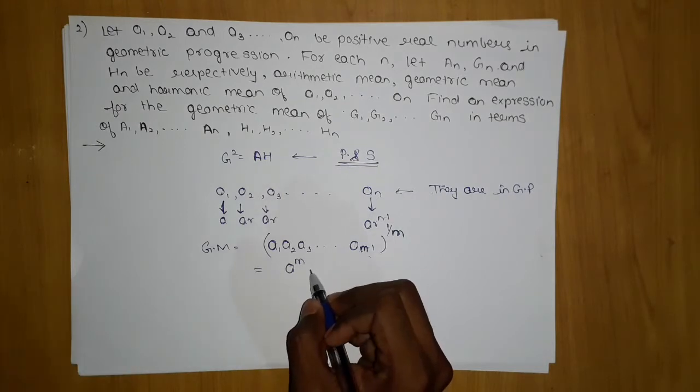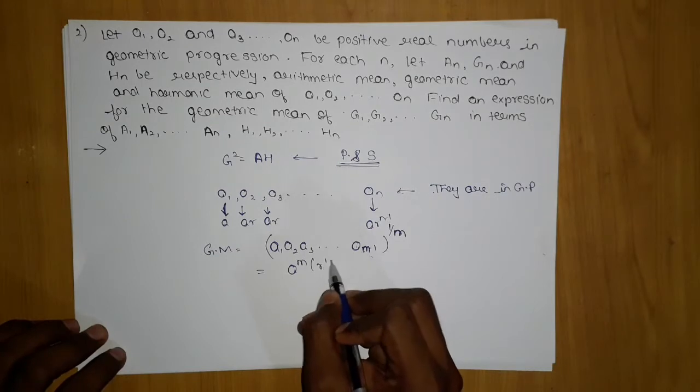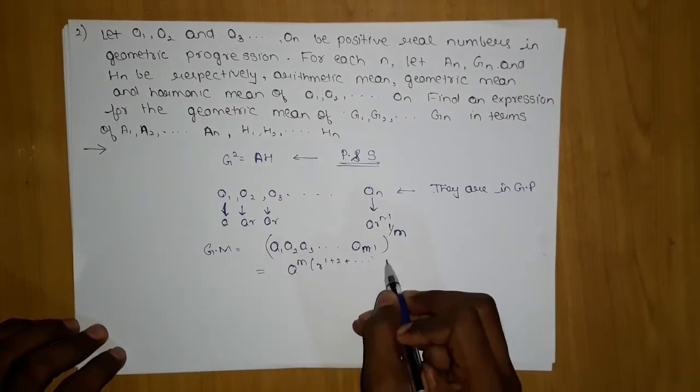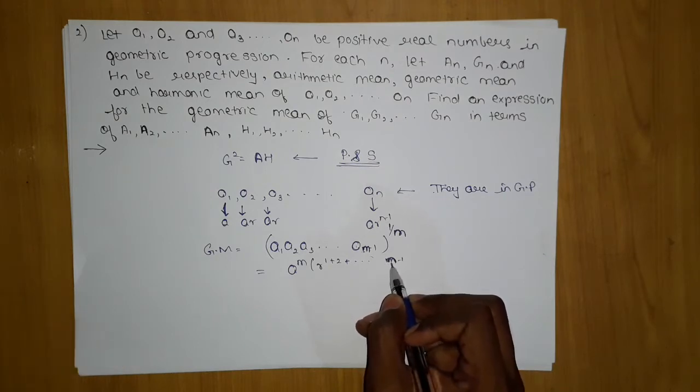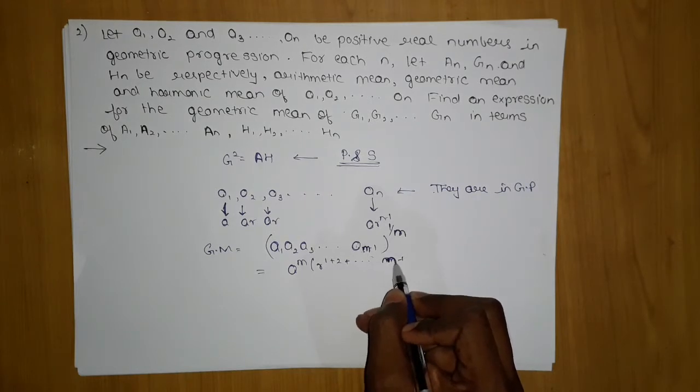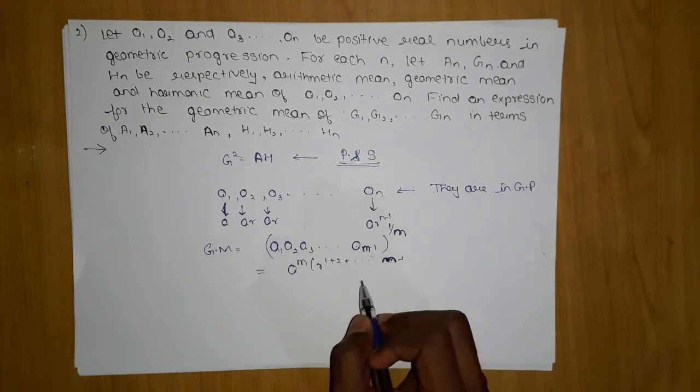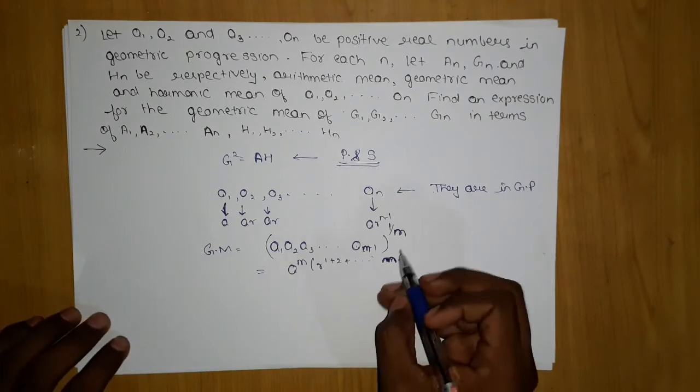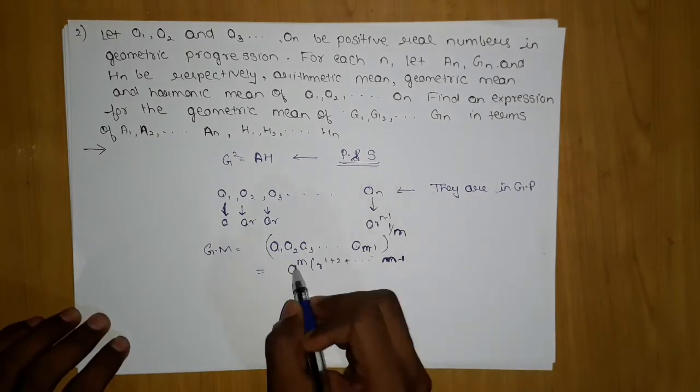And how many times will r come? r, 1, 2, 3 till m minus 1 times. We will use m in each and every place. So here m minus 1 times will be r.